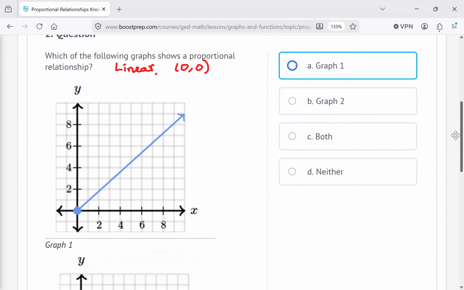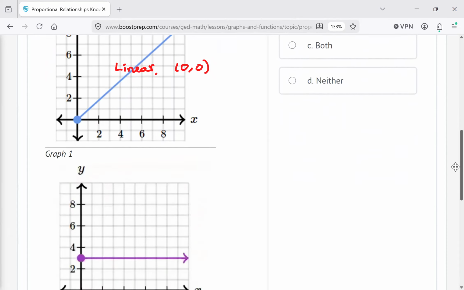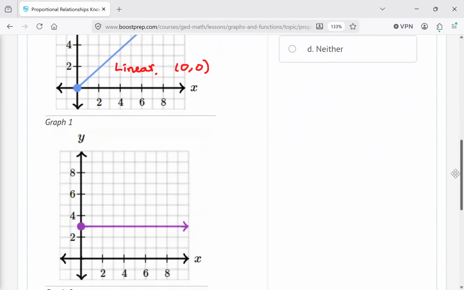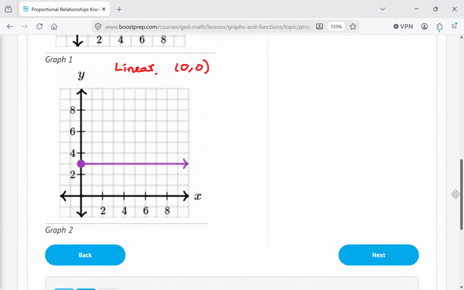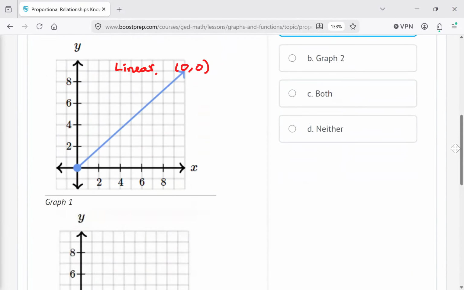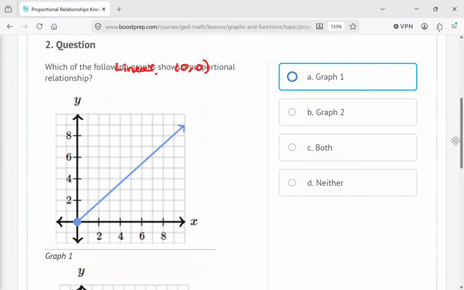It's linear and it goes through the origin. It sounds like the one. Is it graph two? No, it's horizontal. So I'm going to say graph one. That was my choice.